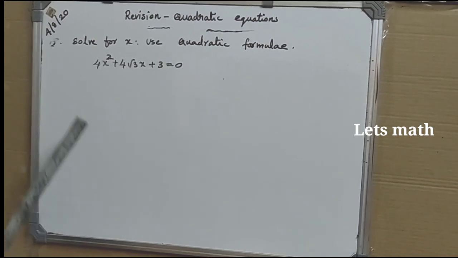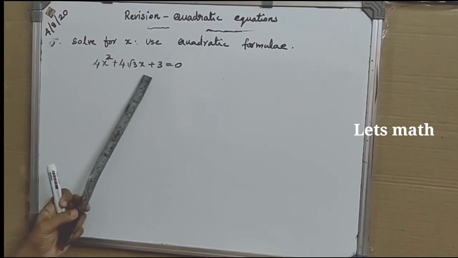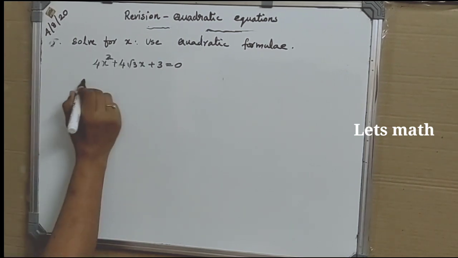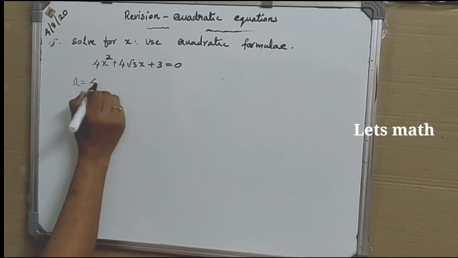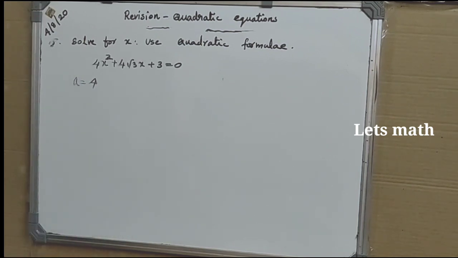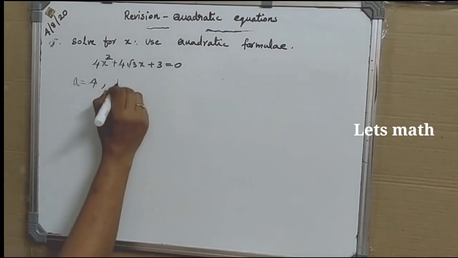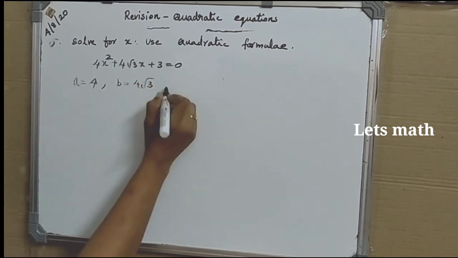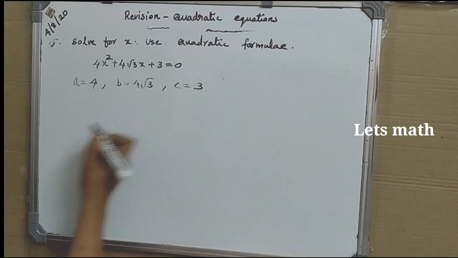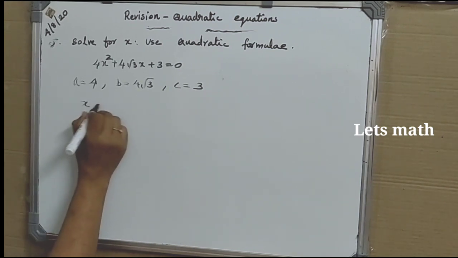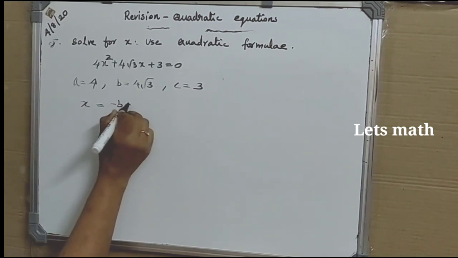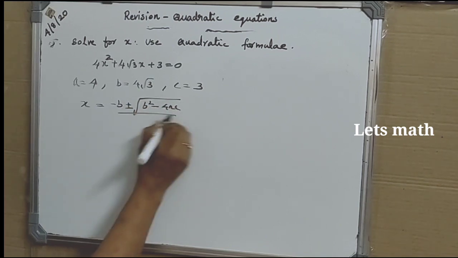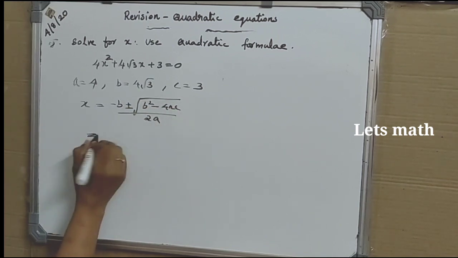Okay, solve 4x square plus 4 root 3 x plus 3 equal to 0. What is a here? We have a equal to 4 and b equal to 4 root 3 and c equal to 3. Now we have quadratic formula minus b plus or minus root b square minus 4ac by 2a.